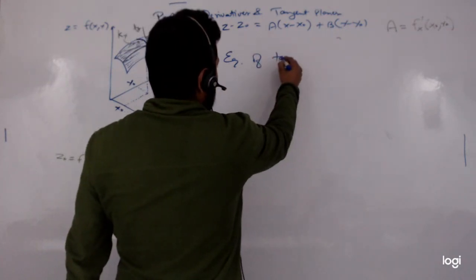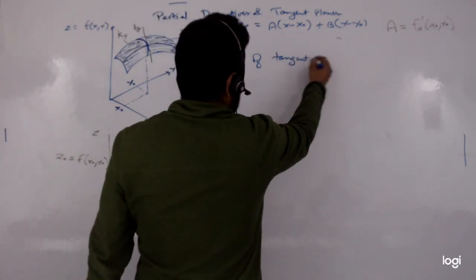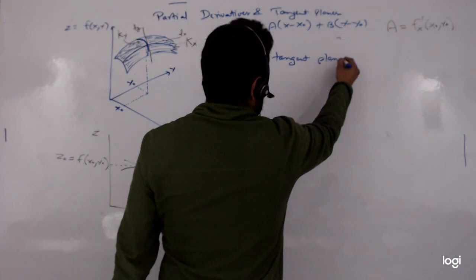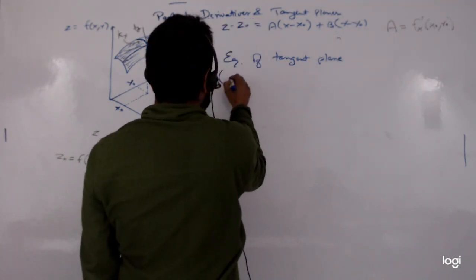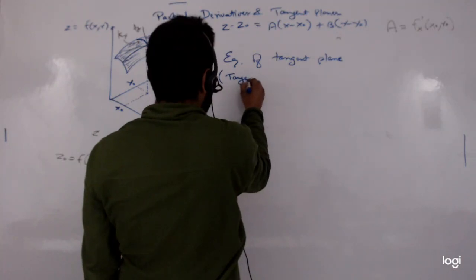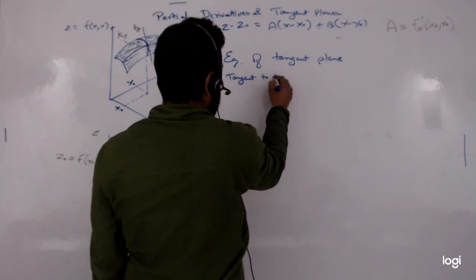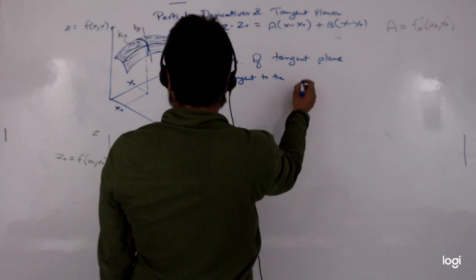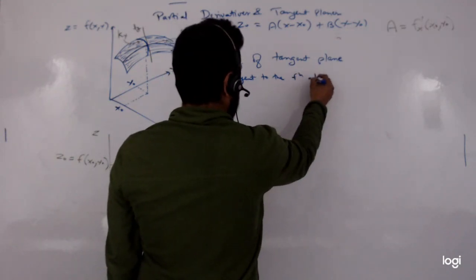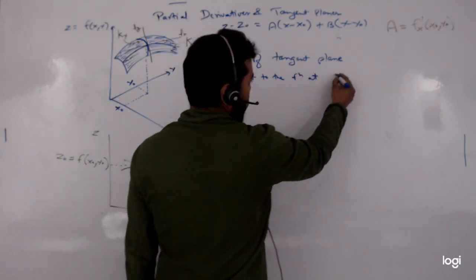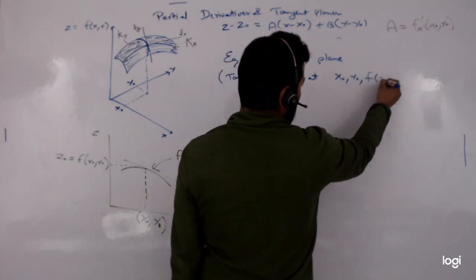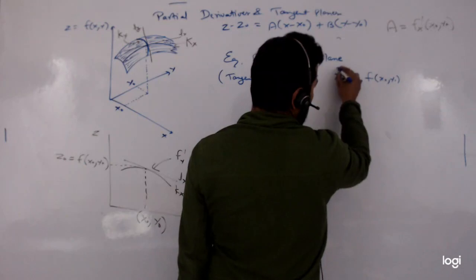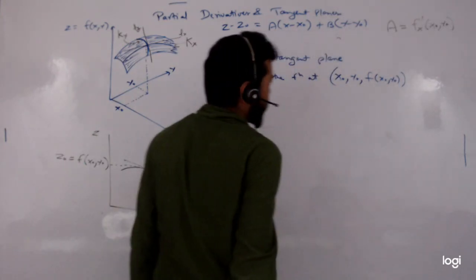Equation of the tangent plane to the function at x naught y naught f of x naught y naught, or z naught, whatever you want to call it.